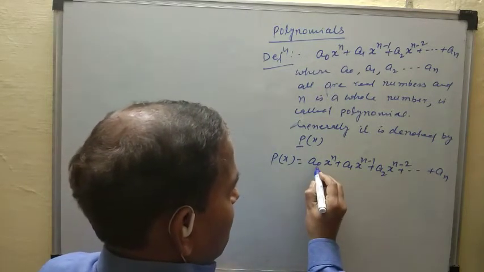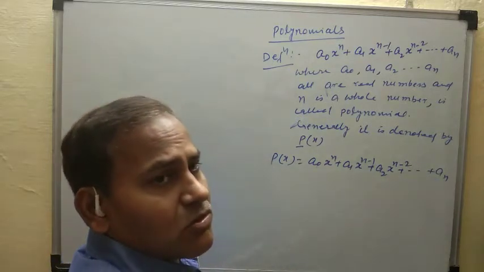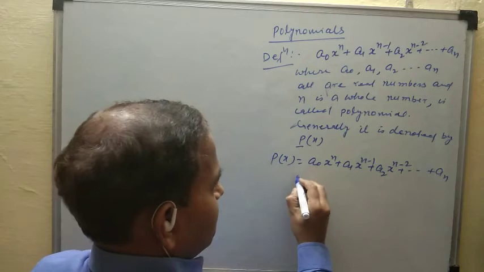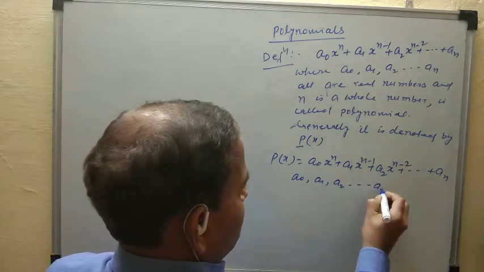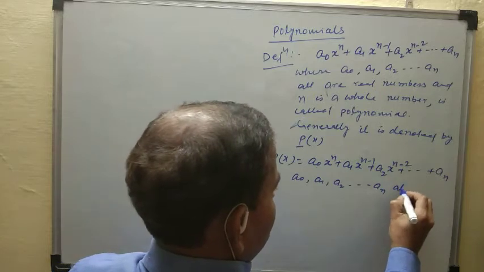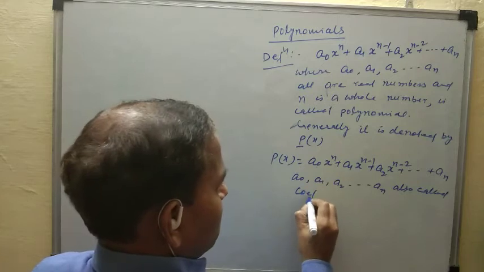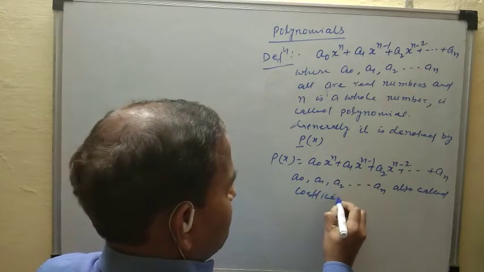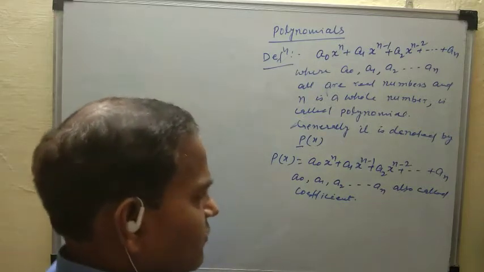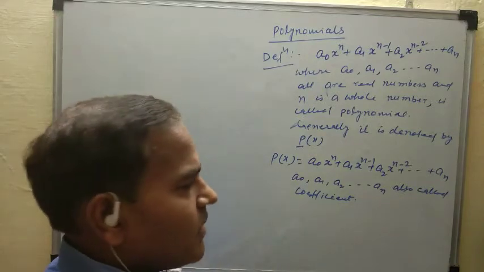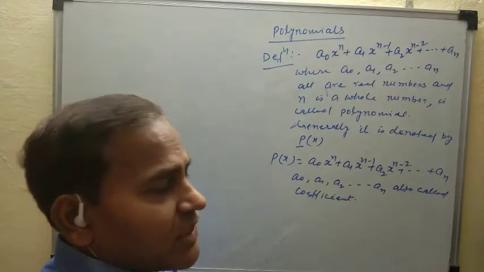This a naught, a1, a2, so on, an, all are called coefficients, and n is called the degree.